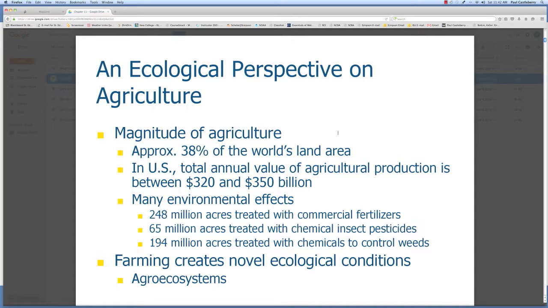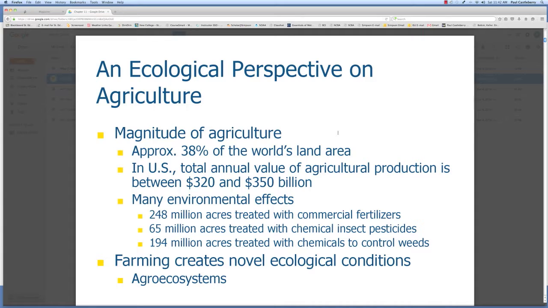So if you look at just the U.S., you see the dollar amount, 320 to 350 billion. However, with this, there are some effects, some positive and some negative, in terms of environmental effects. You see some of the numbers right there on your screen.